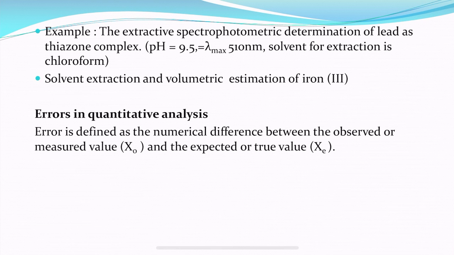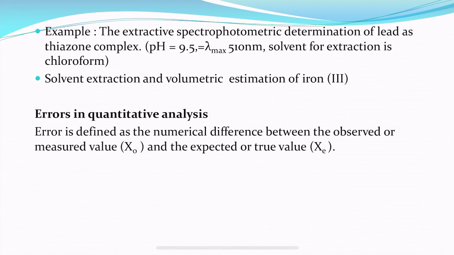Say for example, if we are doing a melting point or boiling point experiment, definitely for each compound the value is already known, unless it is a new compound. If it is a new compound, we have to check it and say the melting point of this compound is so and so, and the boiling point is so and so. But even if it is new, for example, we know the melting point of urea.